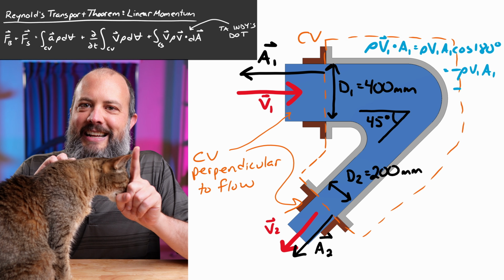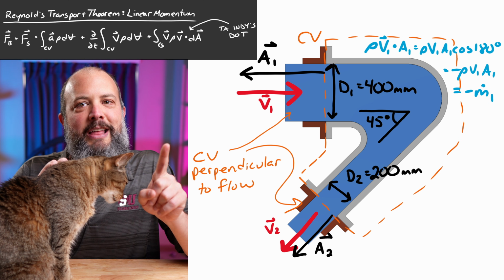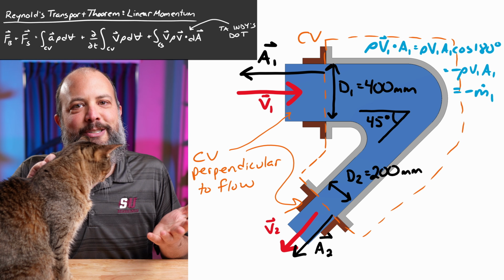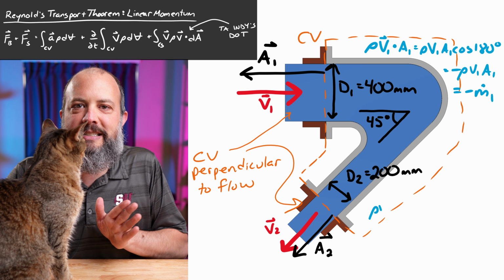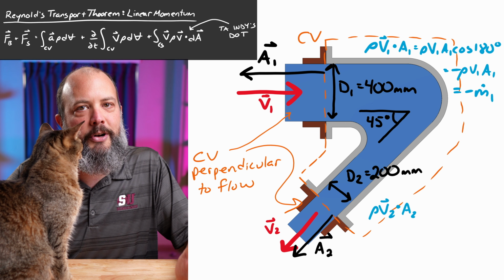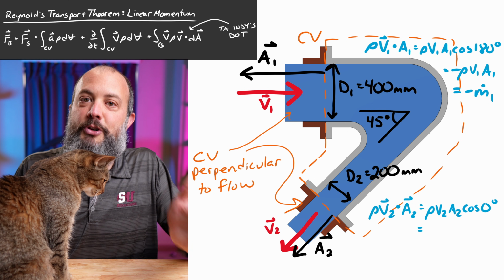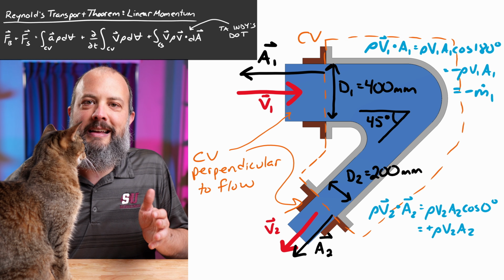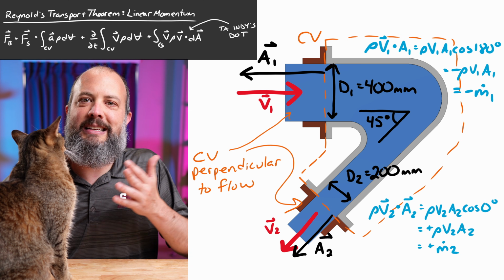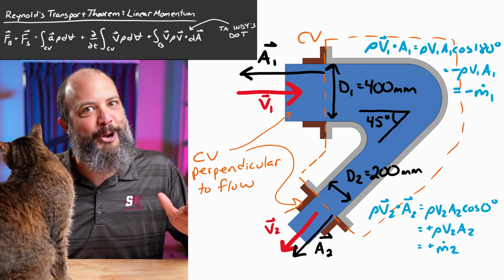And so what this dot is there to remind you of, the reason you need to remember Indy's dot, is because the area vector points outward from the control volume. So if your fluid flow is pointed outwards, it will be going the same direction as the area. And so your angle in between them will be 0, and cosine of 0 is 1.